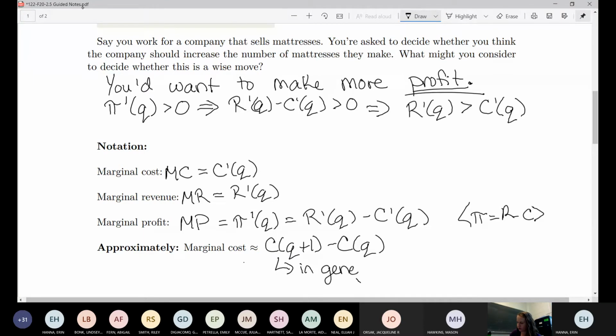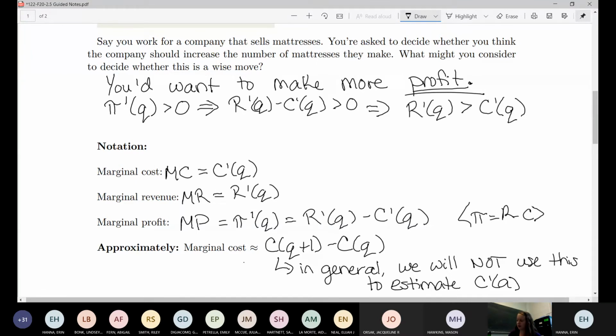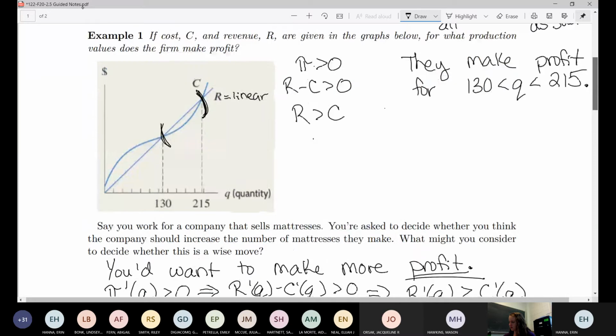But in general, we will not use this to estimate C'(Q) of something. It is something that you might want to note, but you do want to pull on the idea of it being the derivative value more than this approximation value, because the derivative value will be the exact value.